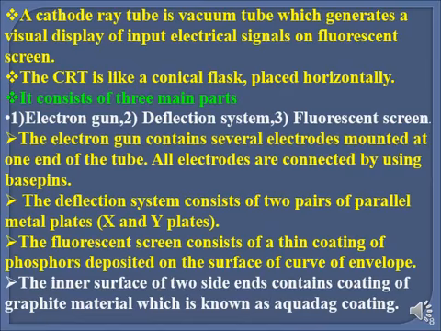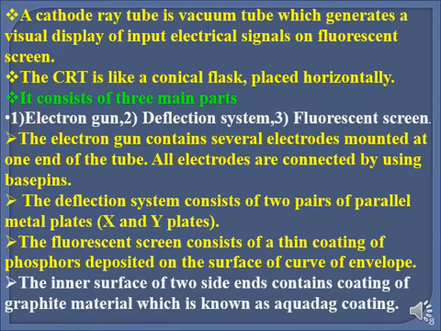These electrodes are cathode, then control grid, and 3 anodes, A1, A2, A3. Anode A1 is the pre-accelerating anode, A2 is the focusing anode, and A3 is the accelerating anode. All these electrodes are connected by using base pins.